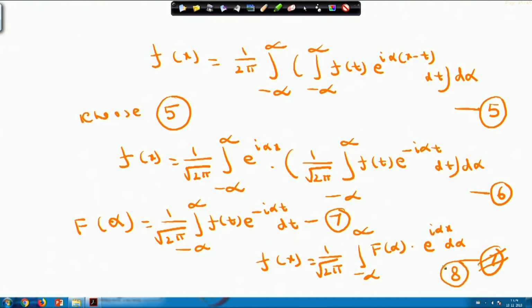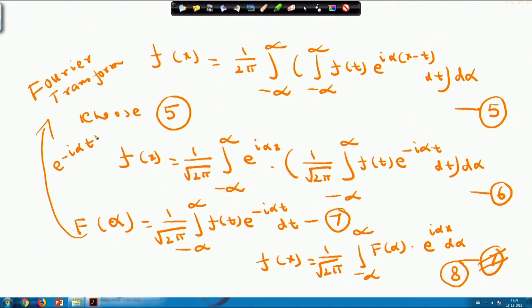This is equation 8, and if this integral exists, then F(alpha) equals 1 by root 2 pi, integral from minus infinity to infinity of f(t) e power minus i alpha t dt. This we call the Fourier transform of the function f(t), and here your kernel obviously is e power minus i alpha t.